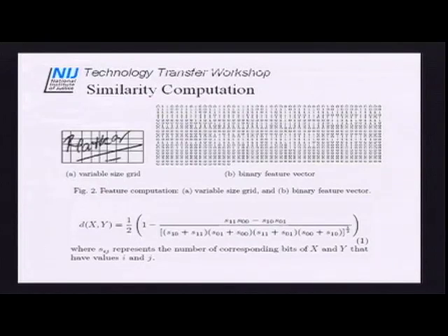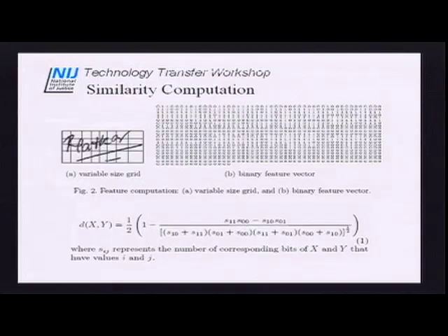Given two bit strings, x is a bit string and y is a bit string corresponding to another signature, and this is the similarity measure, where there are terms like S11, S00, S10, S01. All they're saying is, take the two bit patterns; if both patterns have a 1 in the same place, I call it an S11.